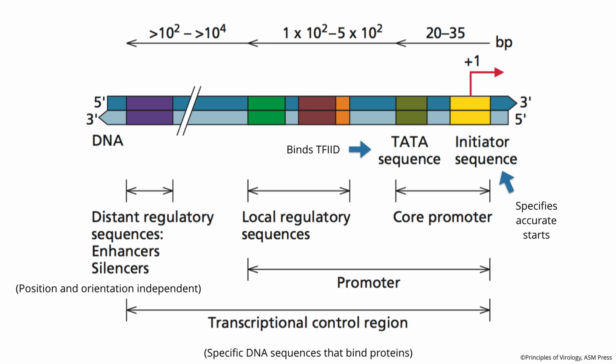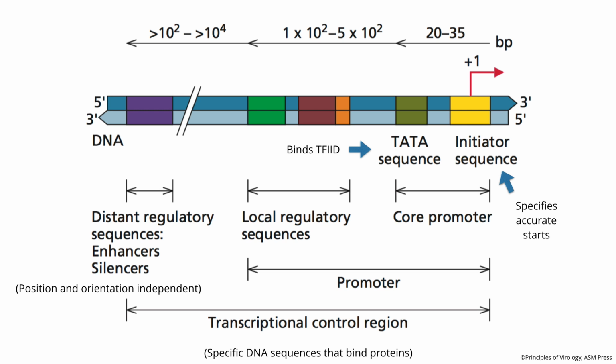And those two parts, the local regulatory sequences plus the core promoter, constitute what we call a promoter, which gives you maximal regulation of the gene. Then there are some very distant regulatory sequences, which we call either enhancers or silencers, depending on whether they stimulate or repress transcription. These can be 100 to 10,000 base pairs upstream of the transcription start site.